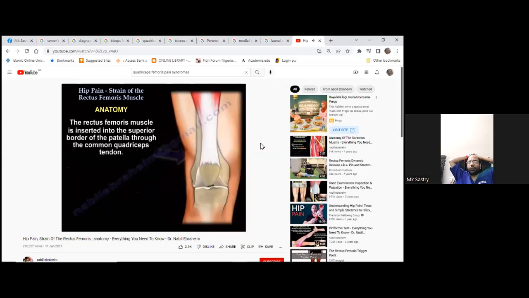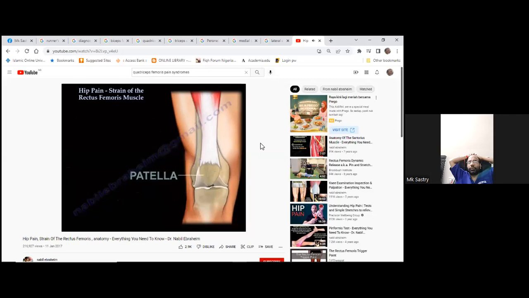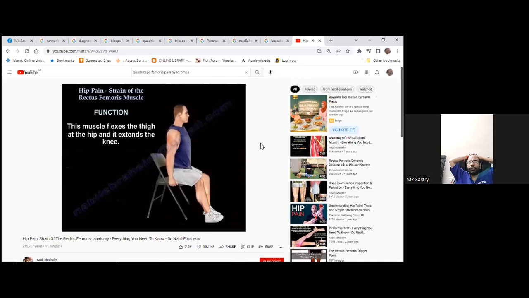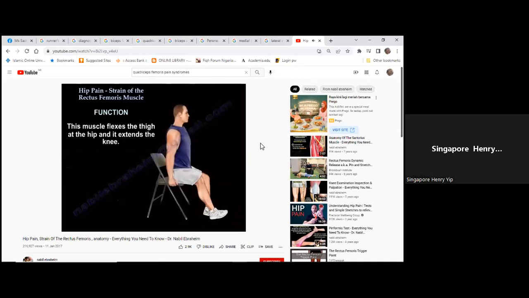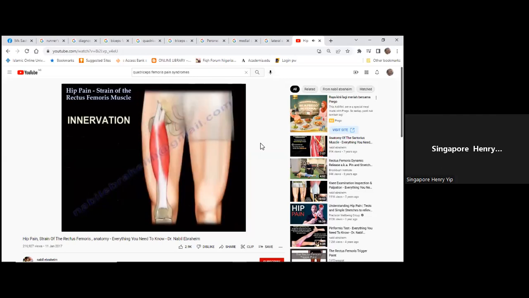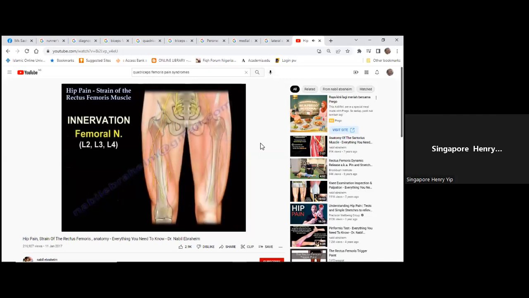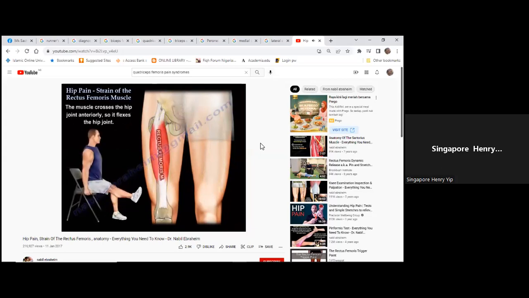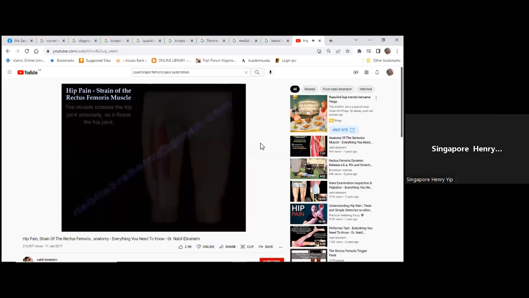The muscle is inserted into the superior border of the patella through the common quadriceps tendon. This muscle flexes the thigh at the hip and it extends the knee. The innervation comes from the femoral nerve, which is L2, L3, and L4. So if it crosses the hip anteriorly, then it flexes the hip joint.